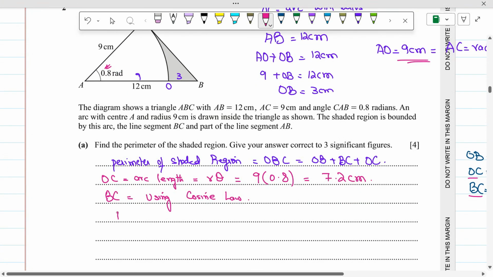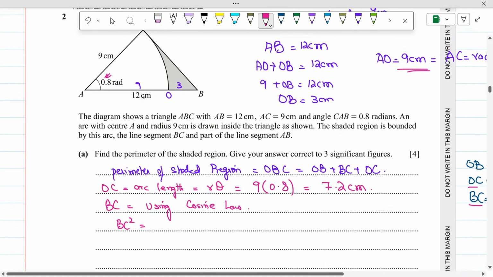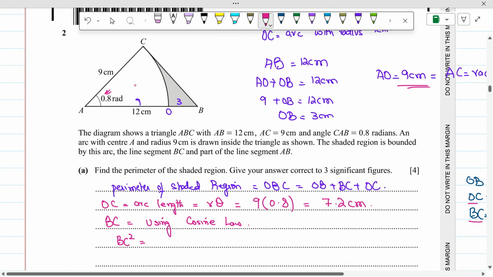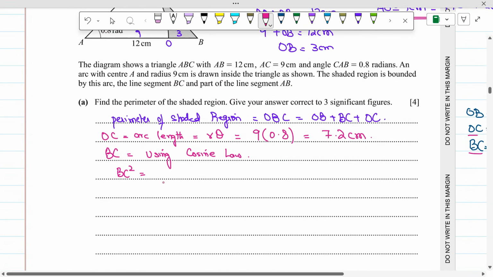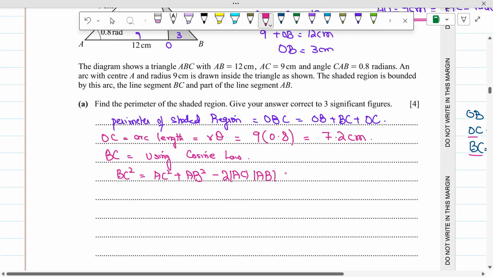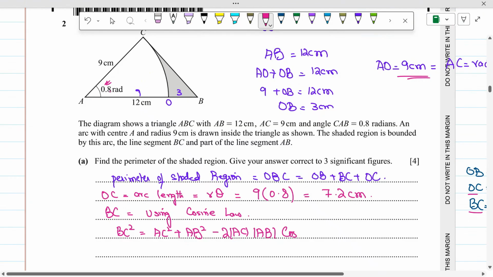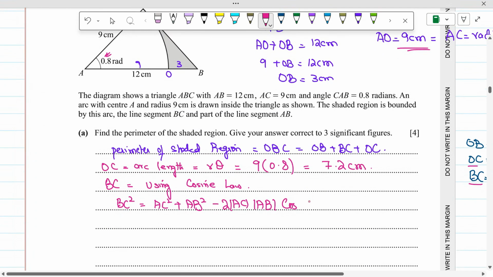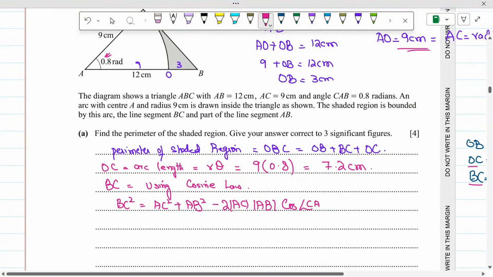So BC square is equal to the sum of the squares of the other sides, AC square and AB square, minus 2 times AC and AB and cos of the angle between AB and AC, which is angle CAB.